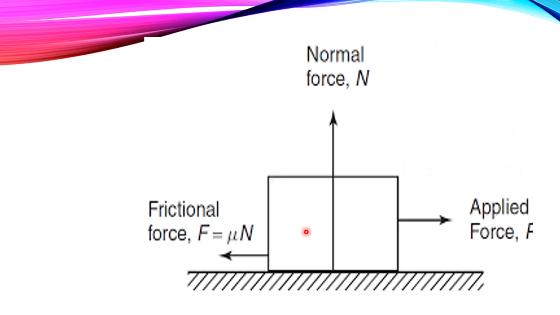In this picture, you can see this object's weight is given on this surface. According to Newton's third law, this weight has an equal and opposite reaction R. This is the reaction to the weight.